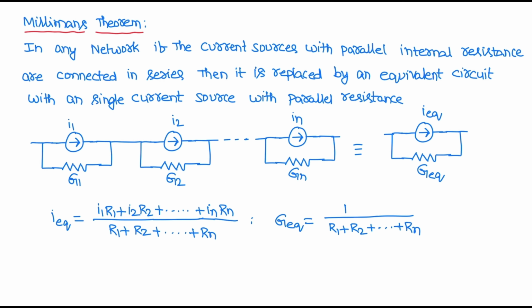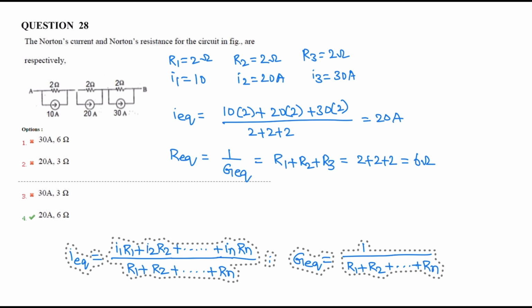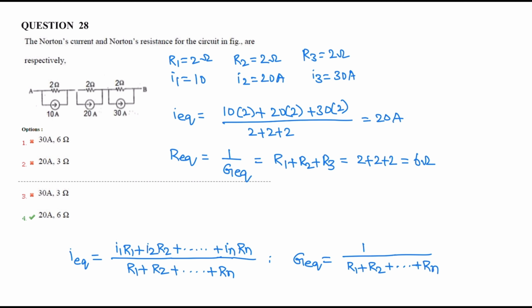So here G equivalent is 1 by R1 plus 1 by R2 plus 1 by R3, that is 1 by 2 plus 1 by 2 plus 1 by 2, that is 1 by 6. We know that R equivalent is 1 by G equivalent, so 1 by 1 by 6 is 6 ohms. So the correct answer is 20 amperes and 6 ohms.